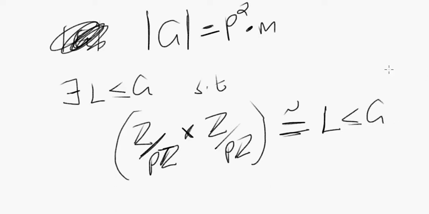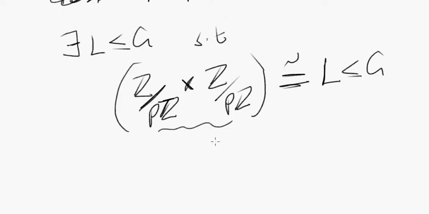So suppose we found that some subgroup of G was isomorphic to Z mod pZ cross Z mod pZ. Wouldn't we then have proved that there exists a subgroup of G, namely L? And what's the order of L? Isn't the order of L equal to the order of Z mod pZ cross Z mod pZ, given that they are isomorphic? So what would be the order of L? Wouldn't it just be p squared then?